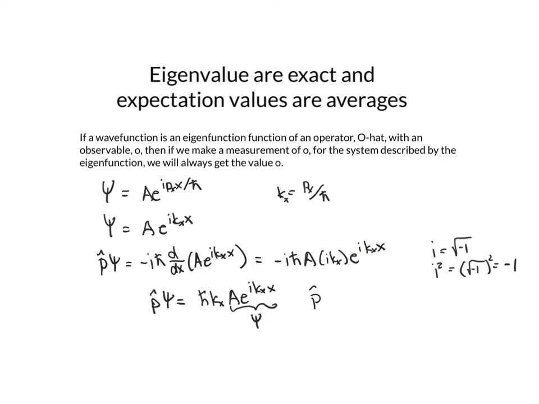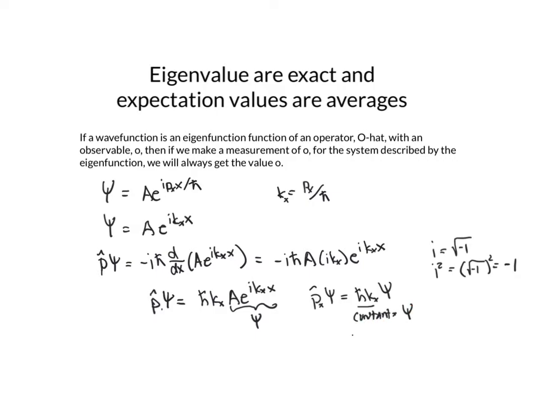So p hat in the x direction on psi is equal to h bar kx times psi back again, which means that because I have a constant times my wave function, when I operate the momentum operator on this wave function, I get a constant times the wave function, and this constant is my eigenvalue.